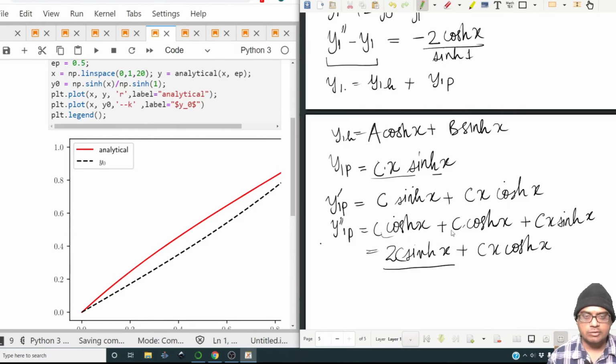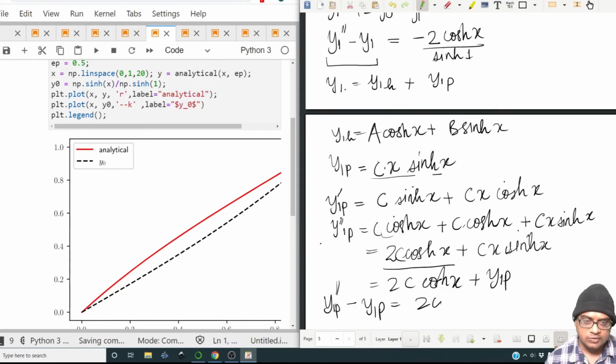So this becomes 2c cos hx and this becomes cx sin hx. So this is essentially 2c cos hx. Now x sin hx times c is y1 particular. So essentially we get y1 particular double prime minus y1 prime equal to 2c cos hx.